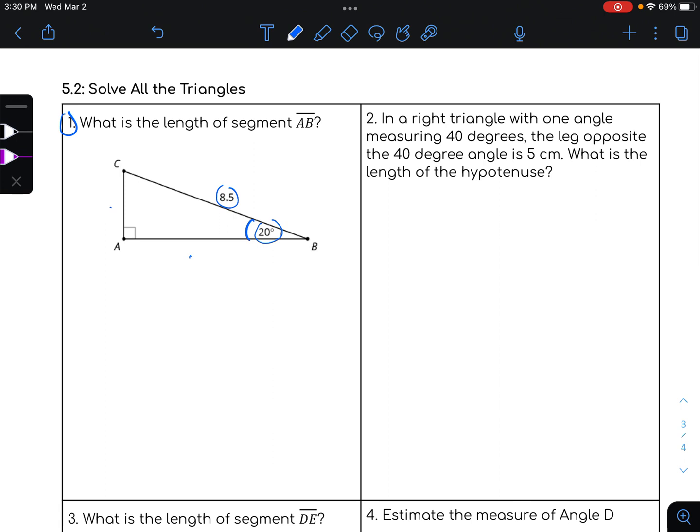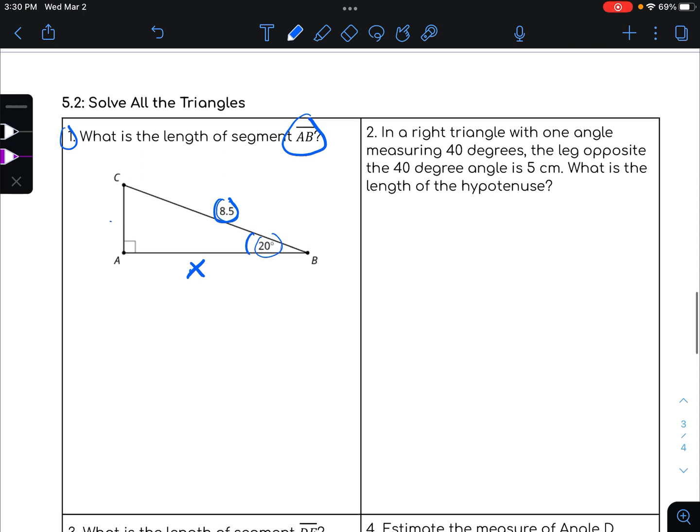So here's our angle, and we're asked to find what side length AB is. Let's call it X. Looking at the two sides we're working with, we're trying to find X, and then we have the hypotenuse. Remember, side X would be the adjacent side.